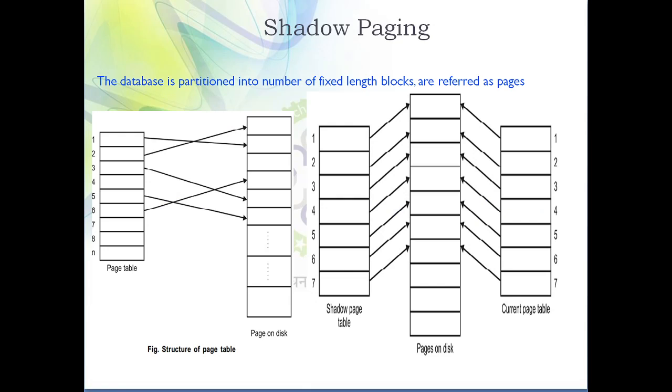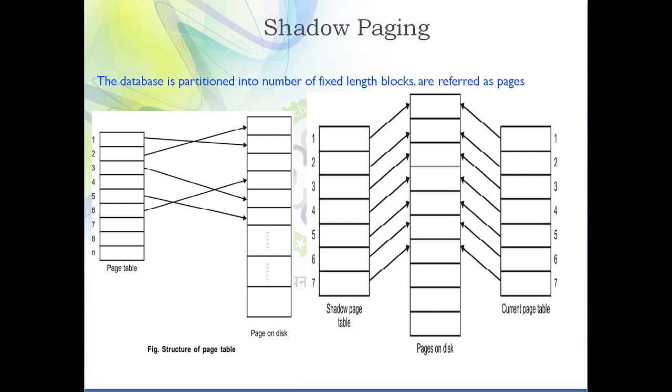Now the second technique that we are going to discuss is the concept of shadow paging. In an operating system, you already learned about the concept of paging. So first of all, let us understand what we mean by a page. In terms of a database, the database is partitioned into a number of fixed size blocks, and that is called a page.